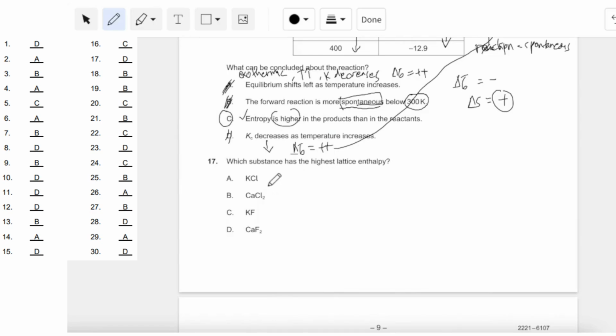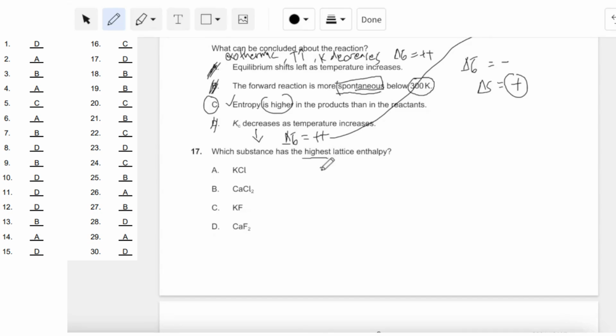So question number 17. Which substance has the highest lattice enthalpy? The ion that has a high charge, right? Nuclear charge. So which one has higher nuclear charge between K and Ca? So Ca.